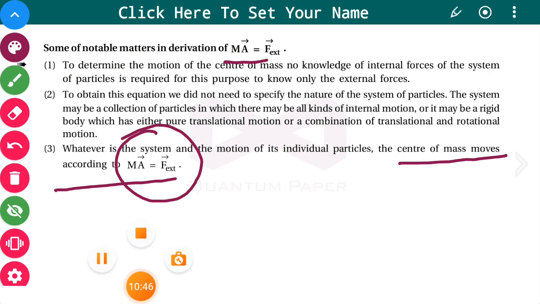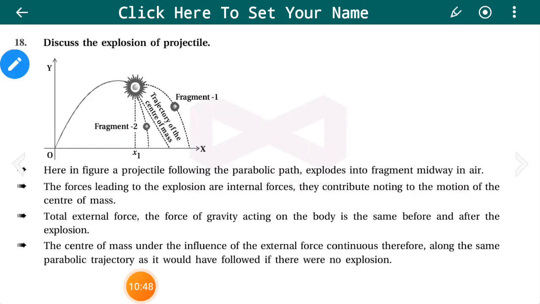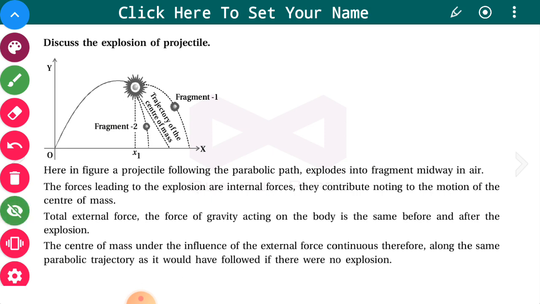Now we talk about the explosion of a projectile. Try to understand, a bomb is moving on a trajectory in a gravitational field, so it will be performing a kind of projectile motion. It explodes somewhere in between, into fragments, say 2, 3, or 4 fragments.